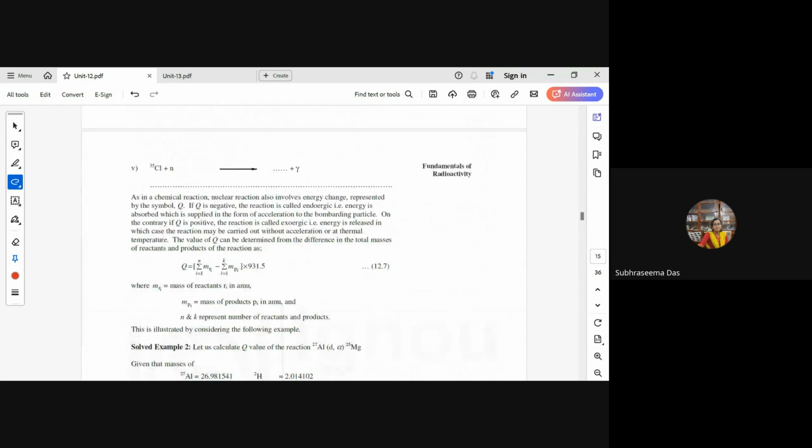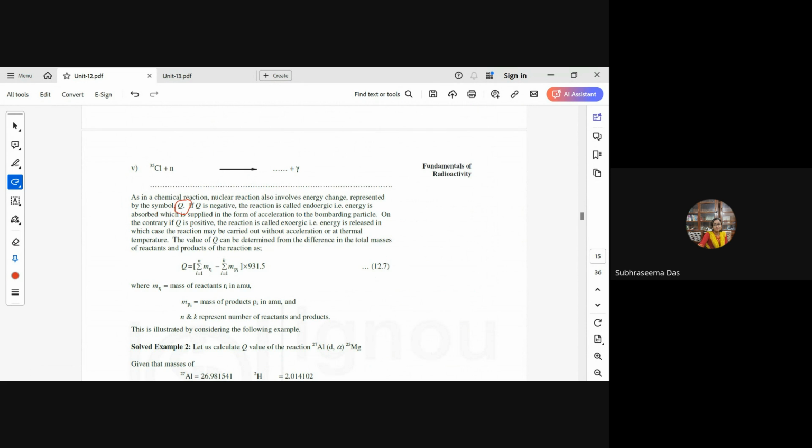Now, we look into the type of energy that is involved in a nuclear reaction. Since a nuclear reaction involves energy changes, it is called Q. The change in energy in a nuclear reaction is called its Q value, which is represented as delta H in conventional chemical reactions.